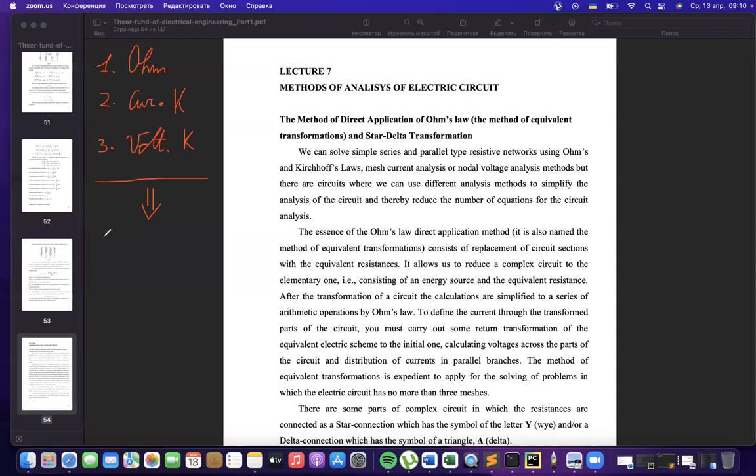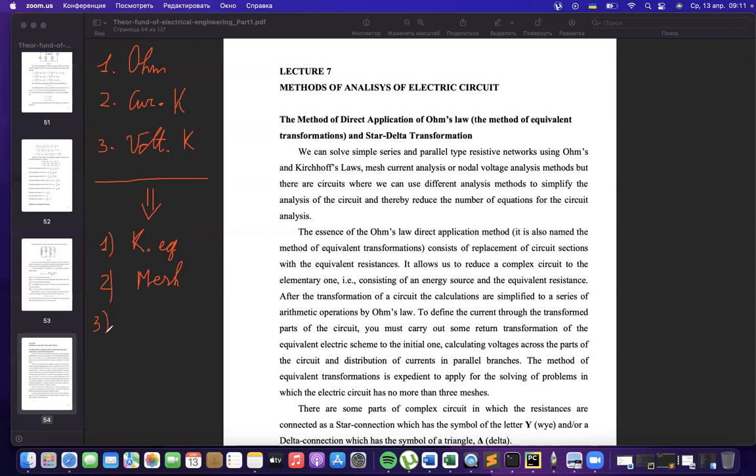And for this mathematical approach, we discussed previously the method of application of Kirchhoff's laws. Using Kirchhoff's laws, we just make equations to find these values. The second one was the mesh current method. We start from current and then try to find everything.